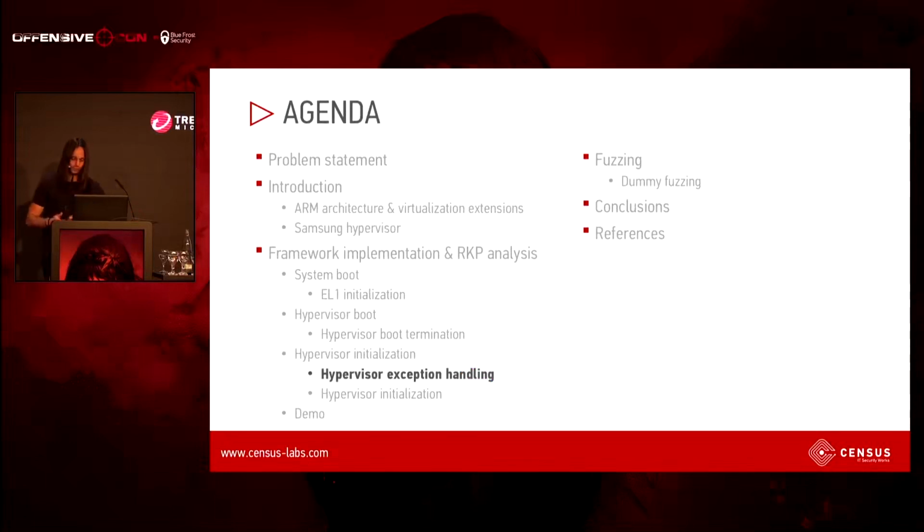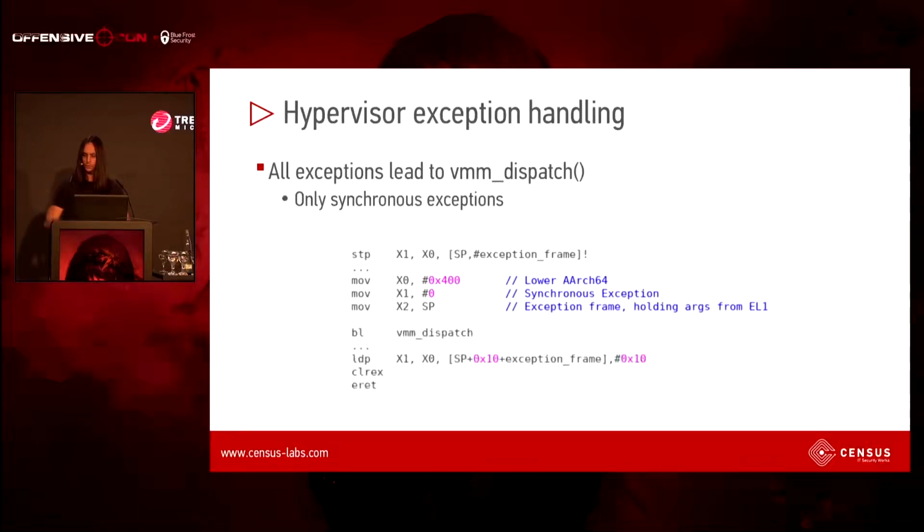So we are now ready to start discussing the initialization of RKP, which is the second stage of the bootstrap process. But before that, let's talk about how exceptions are handled. All entries first create an exception frame and then lead to the function VMM dispatch with 3 arguments.